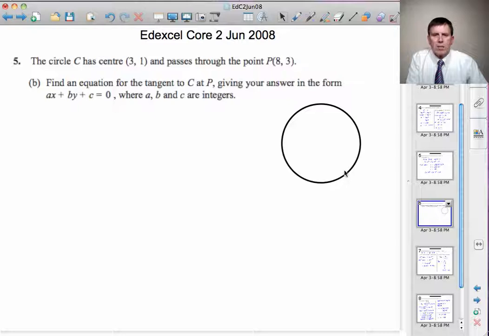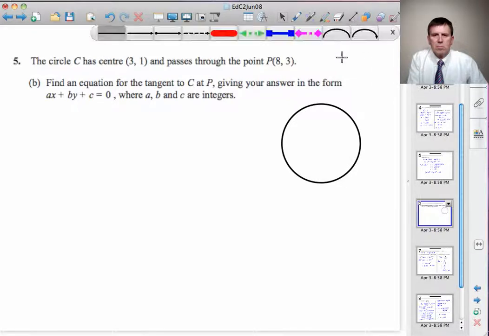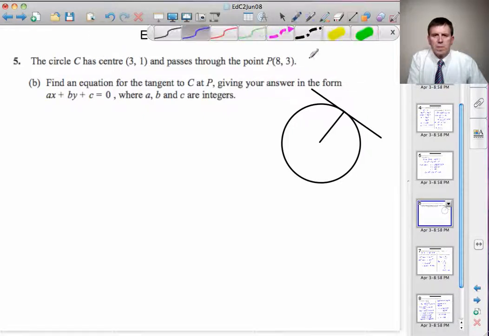And I want a tangent to this circle. And let's have a line from the center to the point where the tangent touches the circle. And the angle between a tangent and a radius will be 90 degrees.